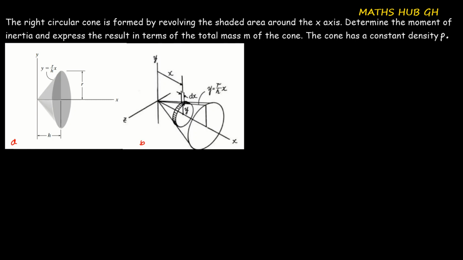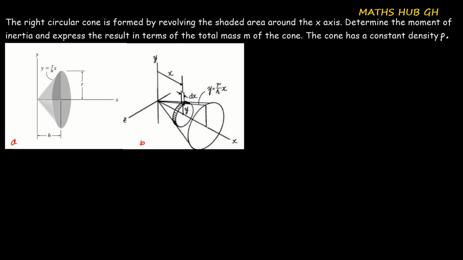So you find the mass moment of inertia of all these circular discs, and that will be equal to the mass moment of inertia for the circular cone. You consider just a single circular disc, and when you find its mass moment of inertia, we can integrate it to get the mass moment of inertia for the entire circular cone. So let's look at what you are going to do.